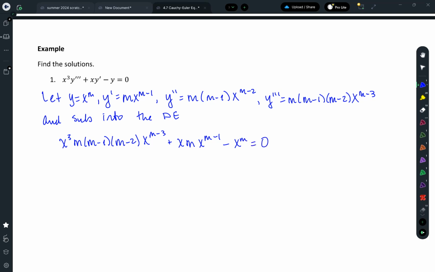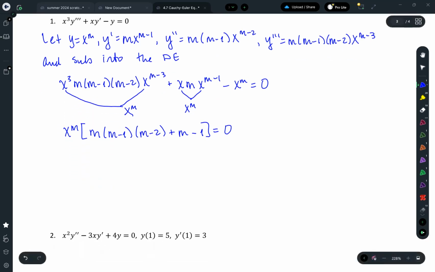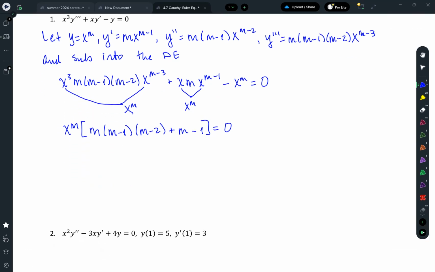Okay, the x cubed with the x to the m minus 3, that's just an x to the m. The x with the x to the m minus 1, that's just x to the m. So I have x to the m in common for all 3. I will factor it out. That leaves behind m times m minus 1 times m minus 2 plus m minus 1, and that's all equal to 0. So this is going to give us a third degree polynomial.